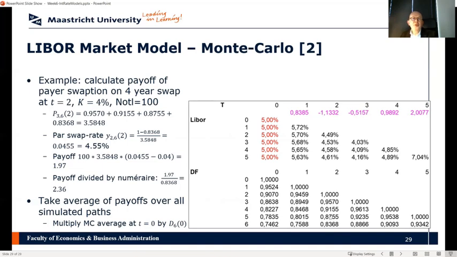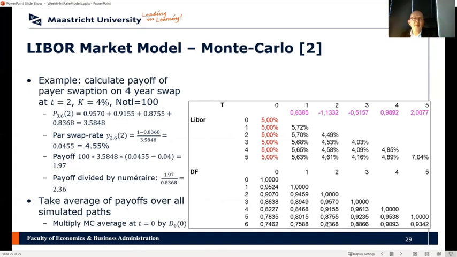Now, if I want to compute a swaption, I first want to compute this sum of discount factors. So I am at time 2, and I'm looking at a 4-year swap that is going from time 2 to time 6. What are all the fixed payments that I will encounter between time 2 and time 6? Well, these are the discount factors at time 3, 4, 5, and 6.